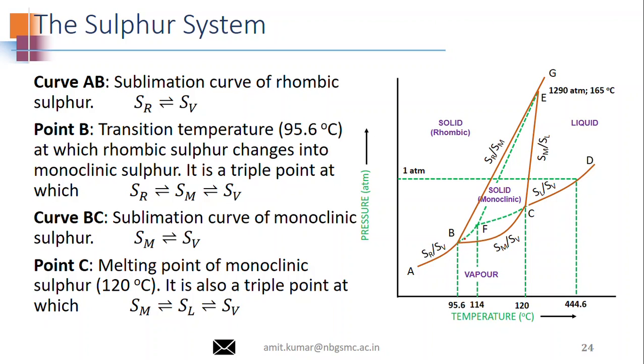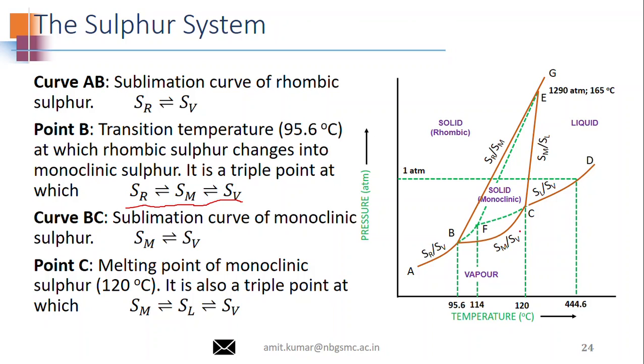This is also a triple point at which rhombic sulfur, monoclinic sulfur and sulfur in vapor state are at equilibrium with each other. This is represented by SR in equilibrium with SM, which is in equilibrium with SV, the vapor state.